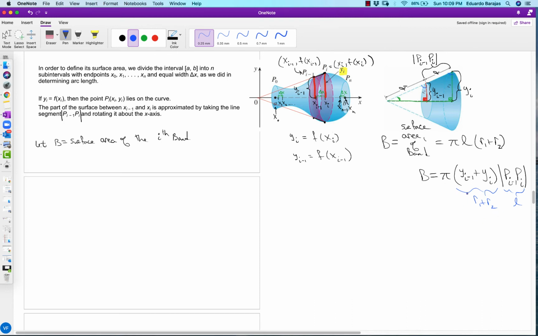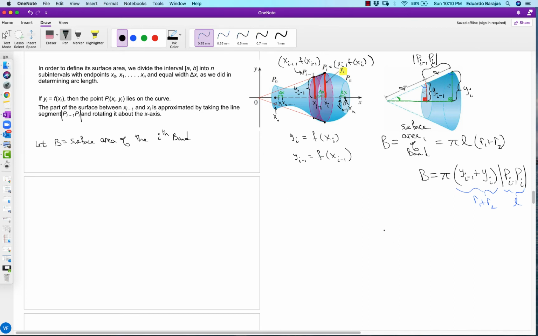Good. Okay, so now, as we said, y sub I is actually the result of evaluating our function at x sub I, and y sub I minus 1 is the result of evaluating our function at x sub I minus 1. So I'm going to replace those two right there.